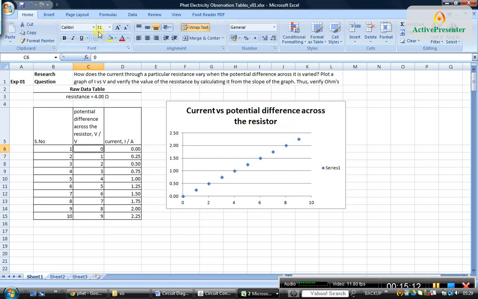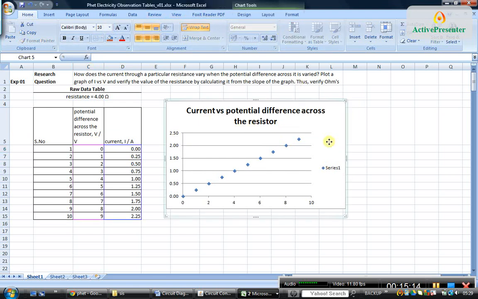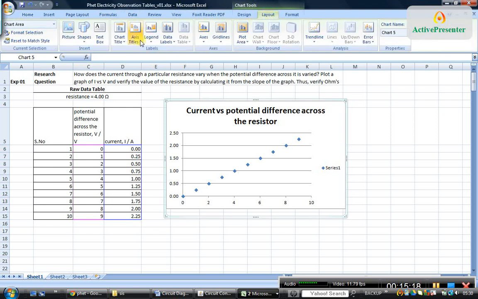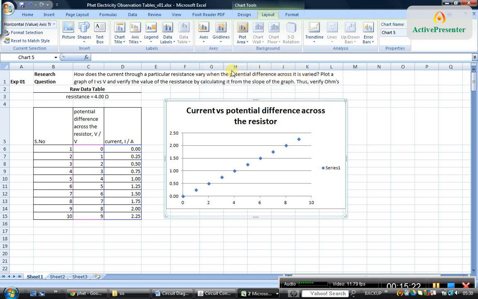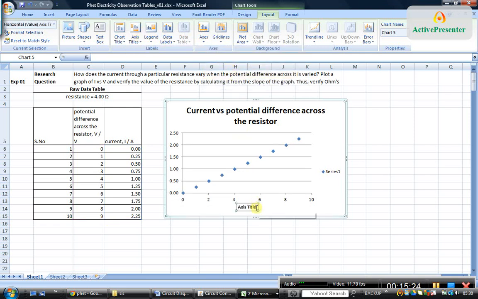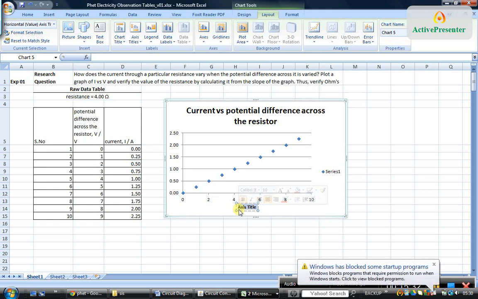Okay. Next, again click on the graph, go to chart tools, layout, axis titles, primary horizontal axis, title below axis. So here you have to type the axis title according as shown. The horizontal, the independent variable name, followed by the symbol, followed by slash, followed by the unit of that quantity.